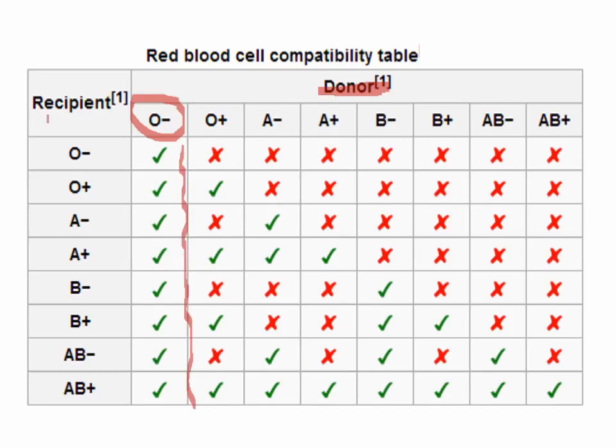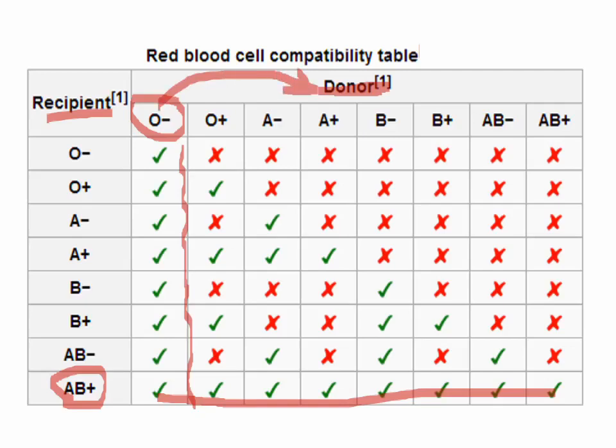And in the recipient, we will find that the AB positive can receive from all other blood groups, right? So we call the O negative blood type the universal donor. It can donate to all other blood groups. And the AB positive is called the universal recipient because it can receive from all other blood groups.